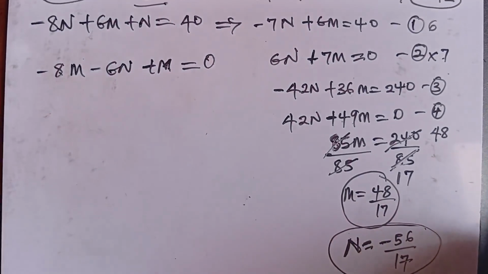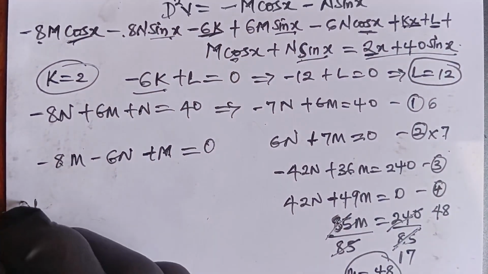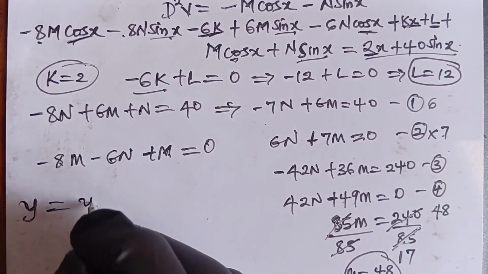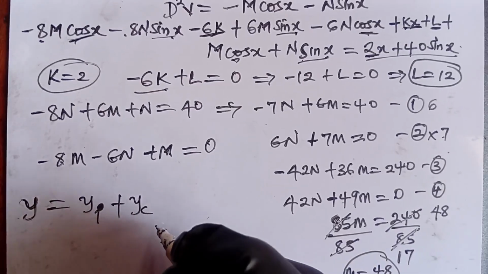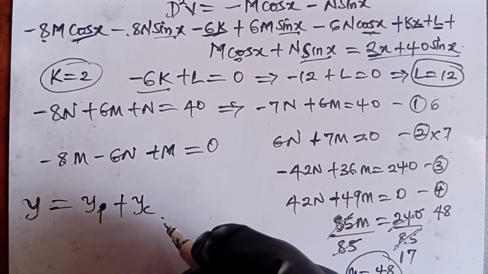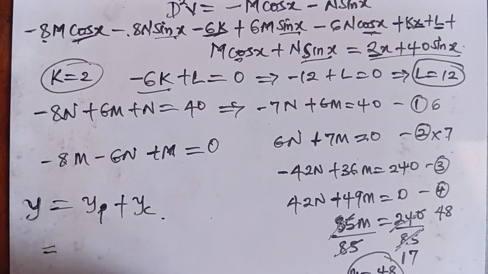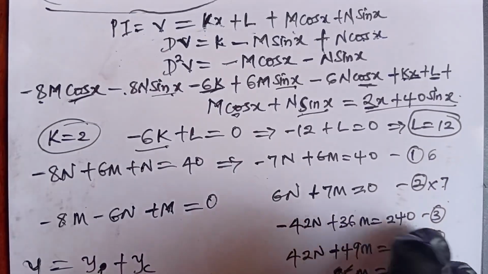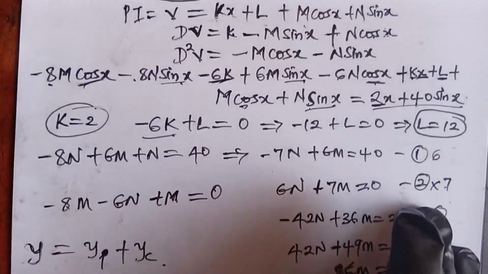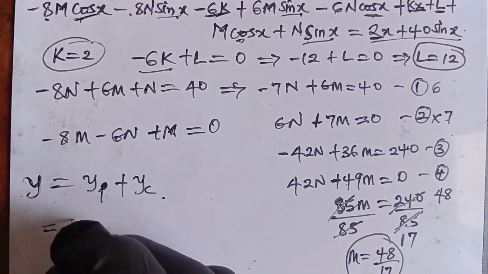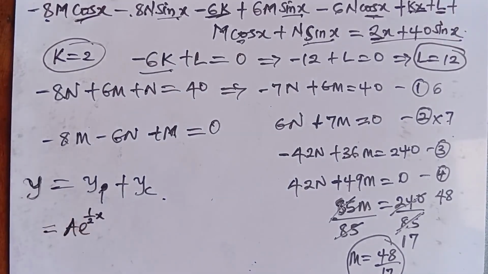If this is true, it means that the general solution is the sum of the particular integral and the complementary function. So what is the complementary function first of all? We have the complementary function already: Ae^(1/4 x) plus Be^(1/2 x).